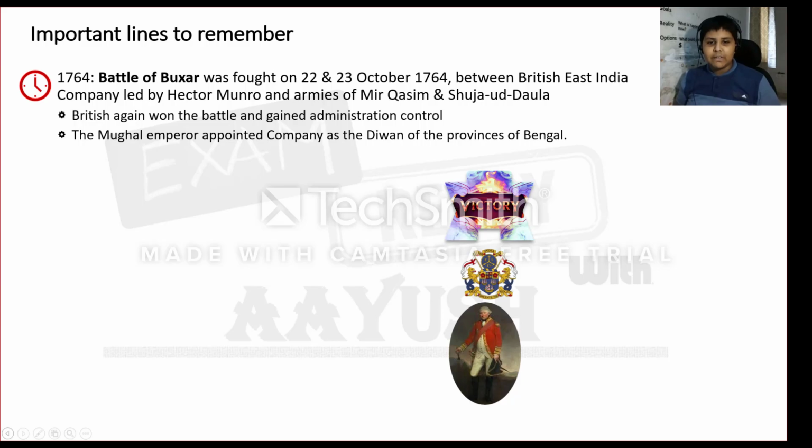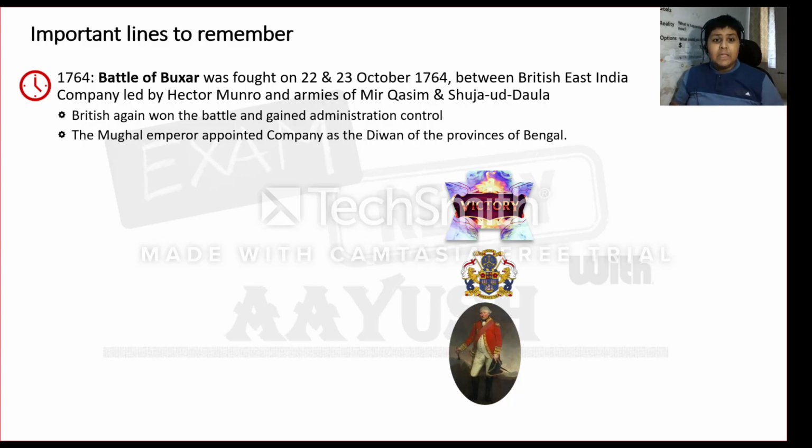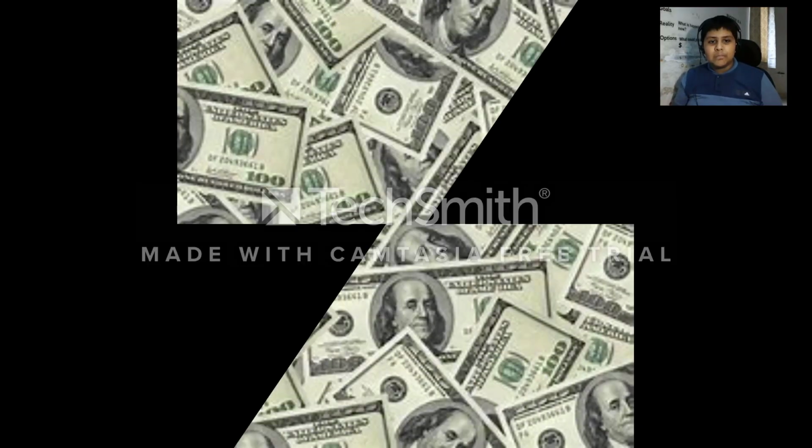The supreme control over the administration passed into the hands of the British. The Mughal emperor appointed the company as the Diwan of the province of Bengal. What does Diwani mean? Diwani means the right to collect revenue. Diwani allowed the company to collect vast revenue.